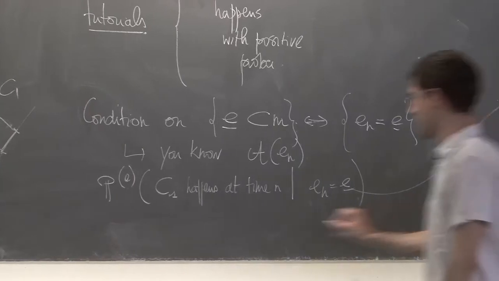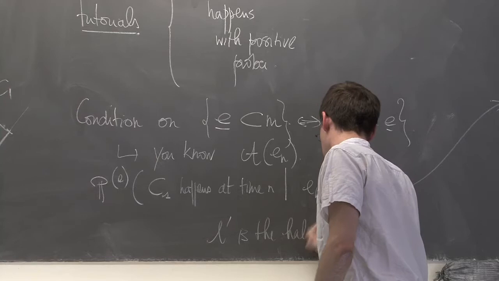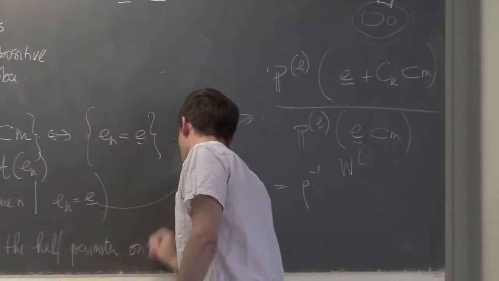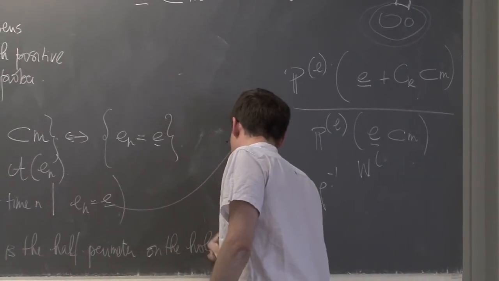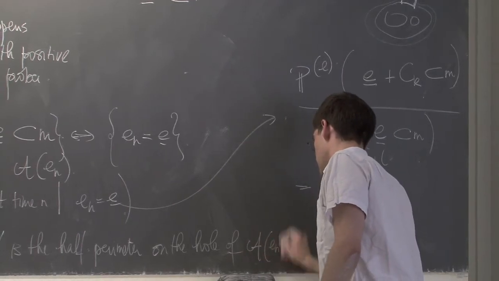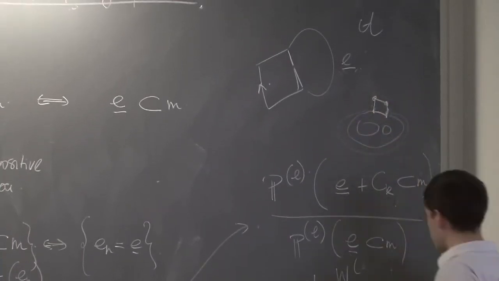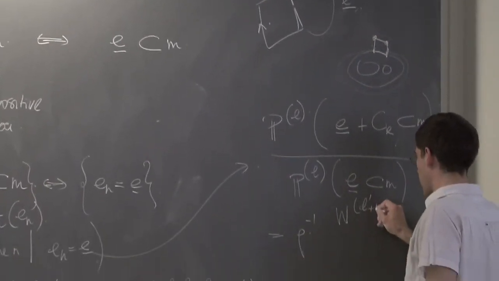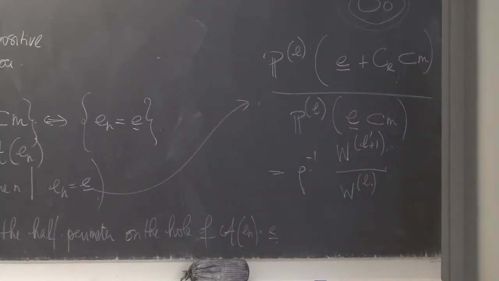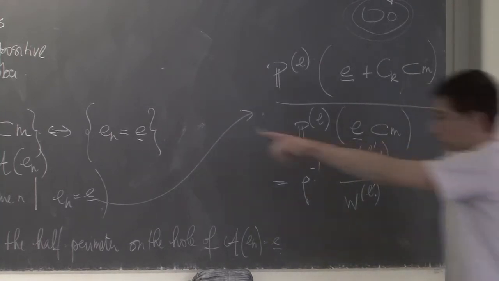Let's say L prime is the half perimeter of the hole of A En, which is E. So if this event happens, then this hole will change perimeter and it will become L prime plus 1 divided by this L prime. That's the ratio of these two probabilities.